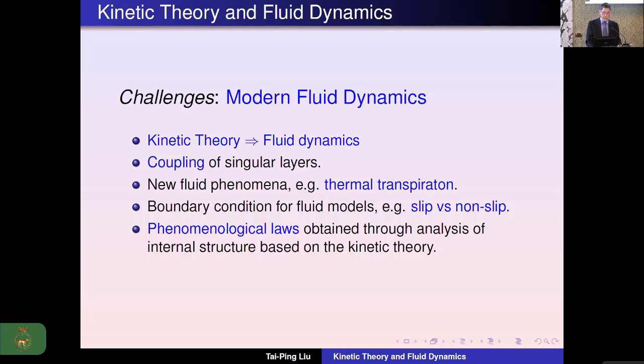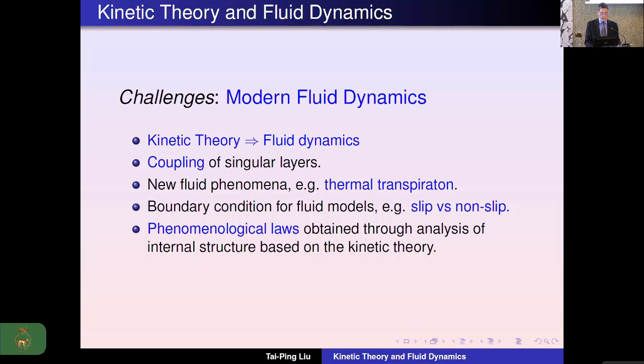But more generally, there's an important experiment called the radiometer, which cannot be explained by classical fluid dynamics. So this needs to be carried out from kinetic theory.